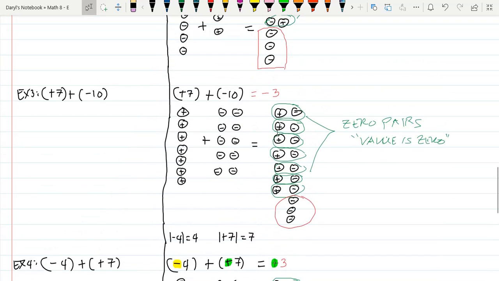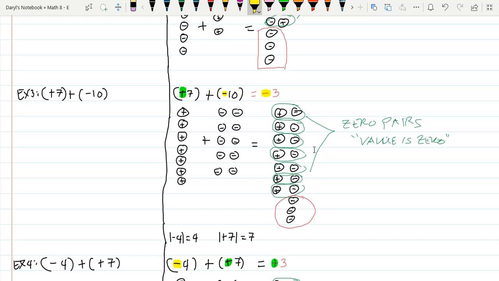So an example here, you have negative 10 and positive 7. So again, they're of different signs. So if they're of different signs, we just take the difference between 10 and 7. Difference of 10 and 7 is 3. But if you observe, the sign of the bigger absolute value of the two integers, which is 10, is negative. So the sign of our answer is negative.